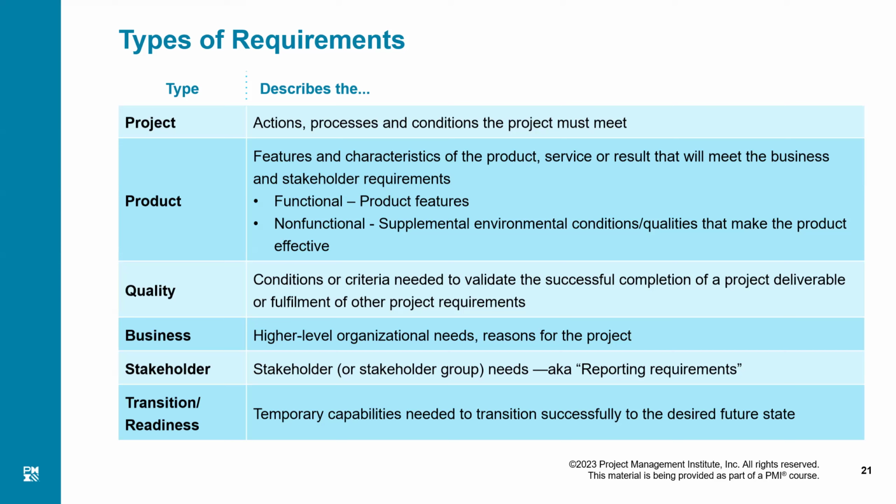These are called the functional requirements. But then there are some associated non-functional requirements. They are supplemental requirements, which could be related to the environmental conditions, qualities, and other things, but they are explicitly tied to the product, right?